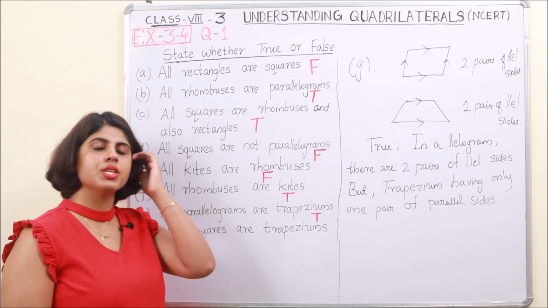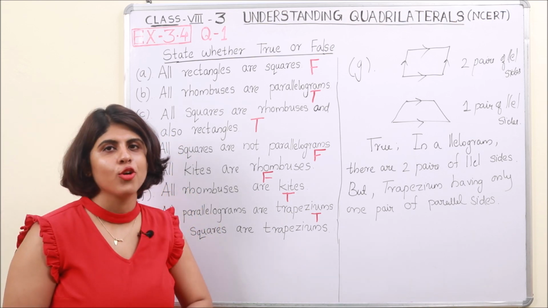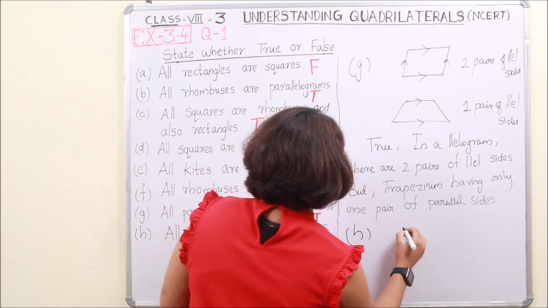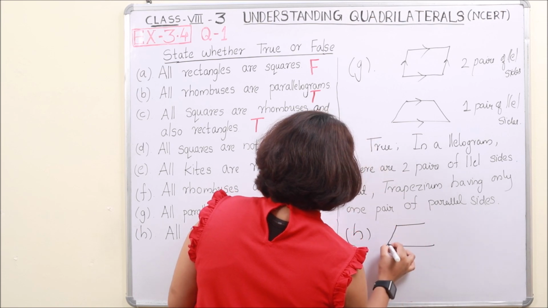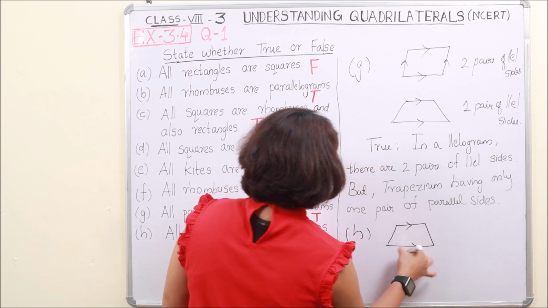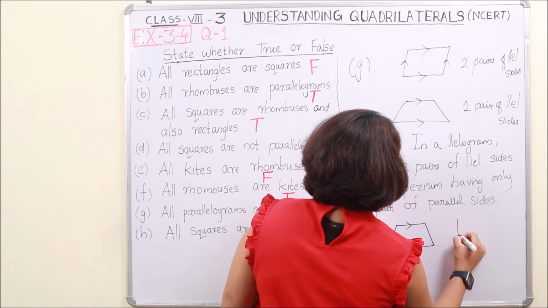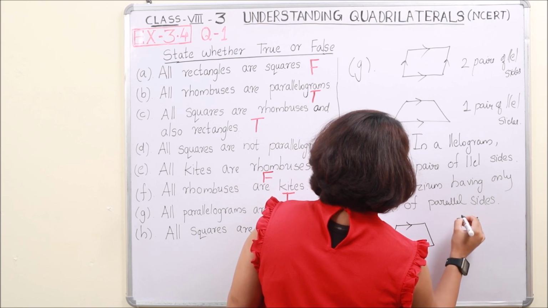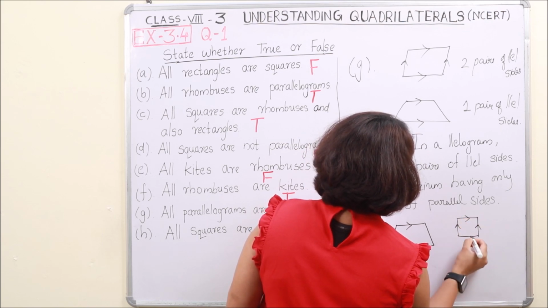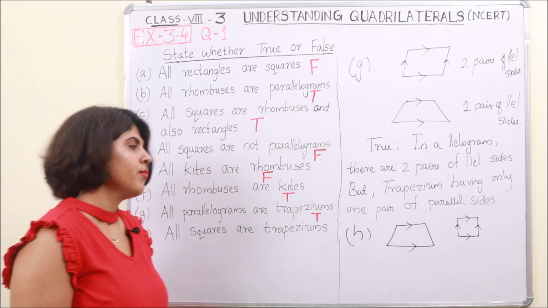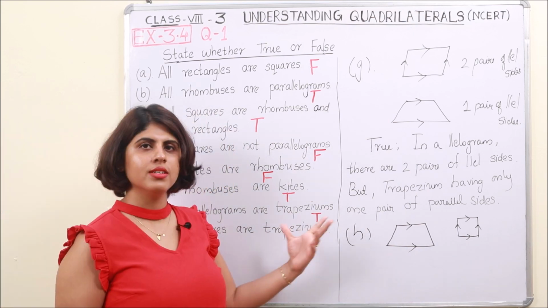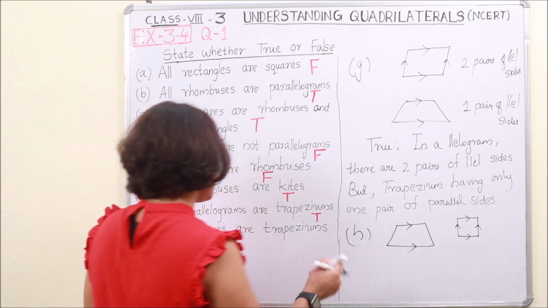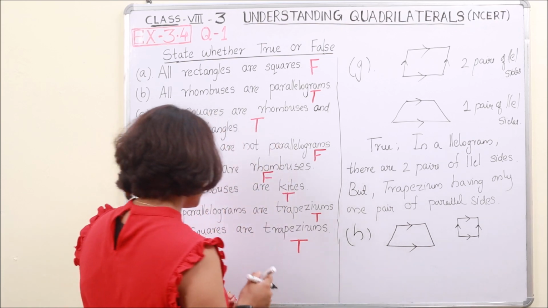In a trapezium, there would be only one pair of parallel sides. These two are parallel. But in a square, we can see two pairs of opposite sides are parallel. Therefore, we can say all squares are trapeziums. So the statement is true.